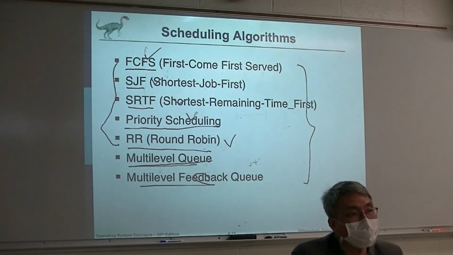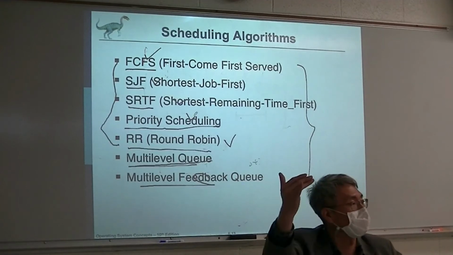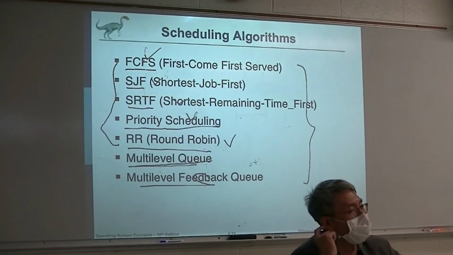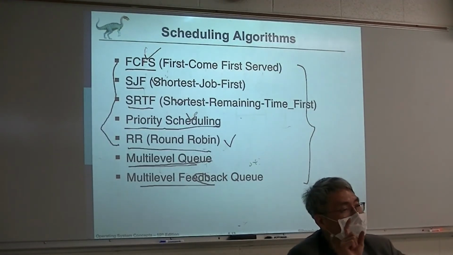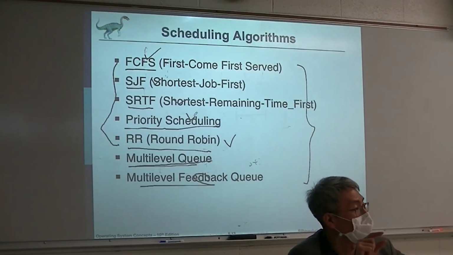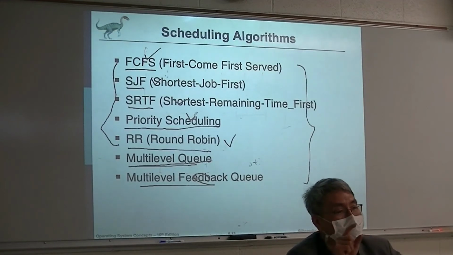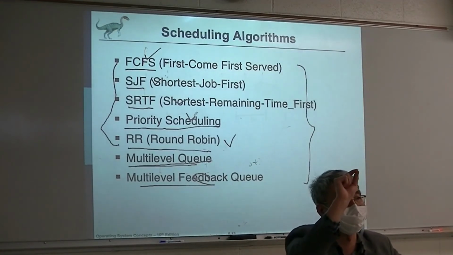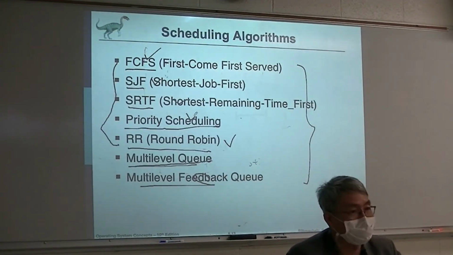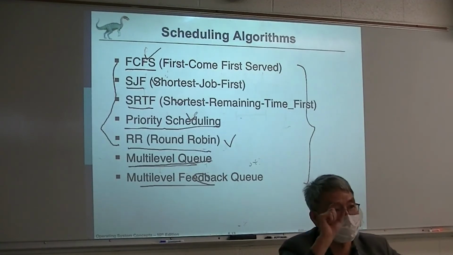For example, Windows priority has 0 to 15 levels. If you remember Task Manager, you can change the priority of the process. Right-click, then normal, high, and low priority, but there's always a warning sign: do not change it.